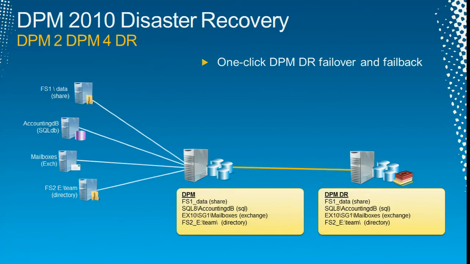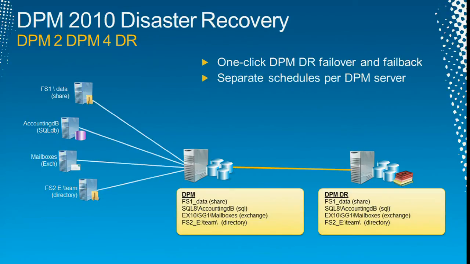Let's say in a scenario that the first DPM server just dies, whatever the reason is. Then you actually can go to the secondary DPM server, say, hey, let's do a failover, and it will take the backup from there. Meaning it will connect straight to your production servers so that they keep being protected. After you have recovered the first DPM server, you can just do the failback and everything is back to normal.